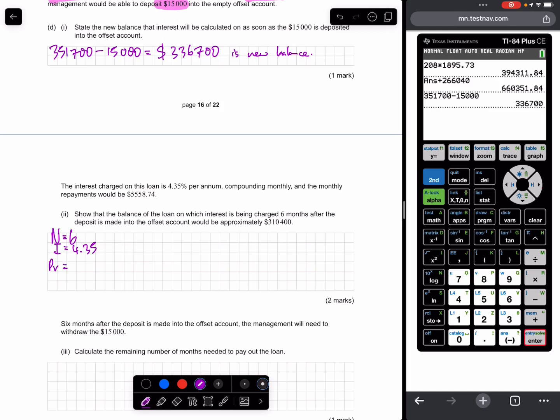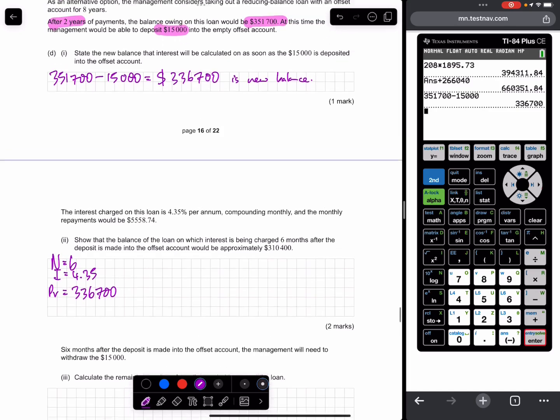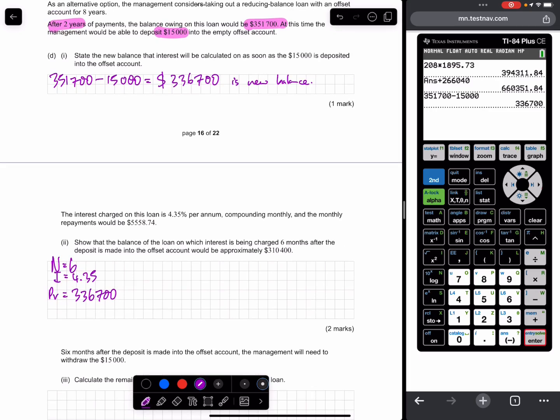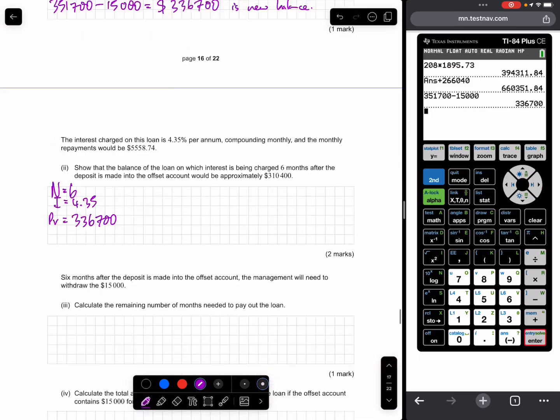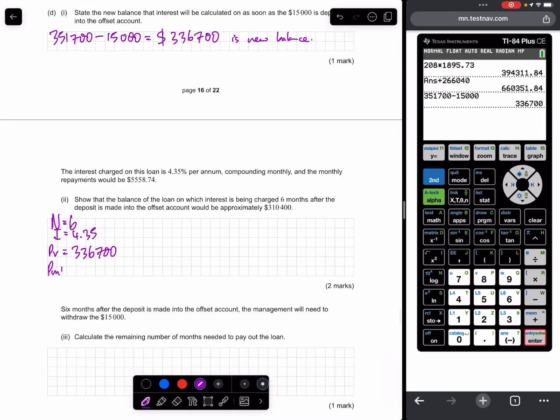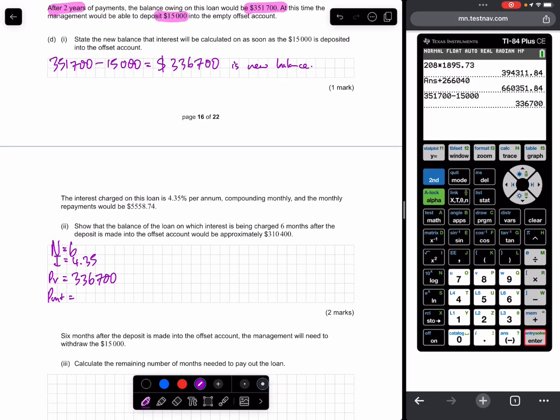PV 336,700. So we deposited 15 grand in the offset account, getting the balance to 336,700. So that's what we're starting with here. PMT we've been told is $5558.74.